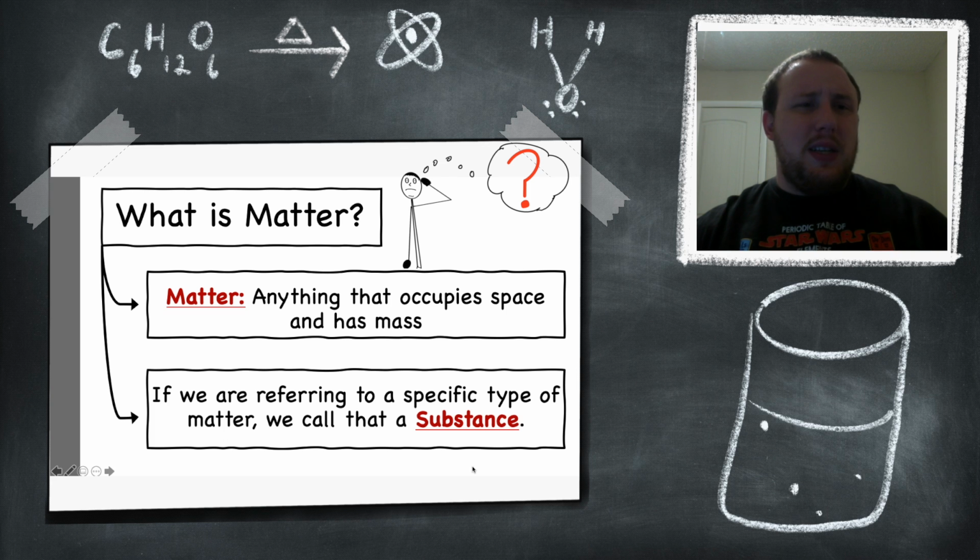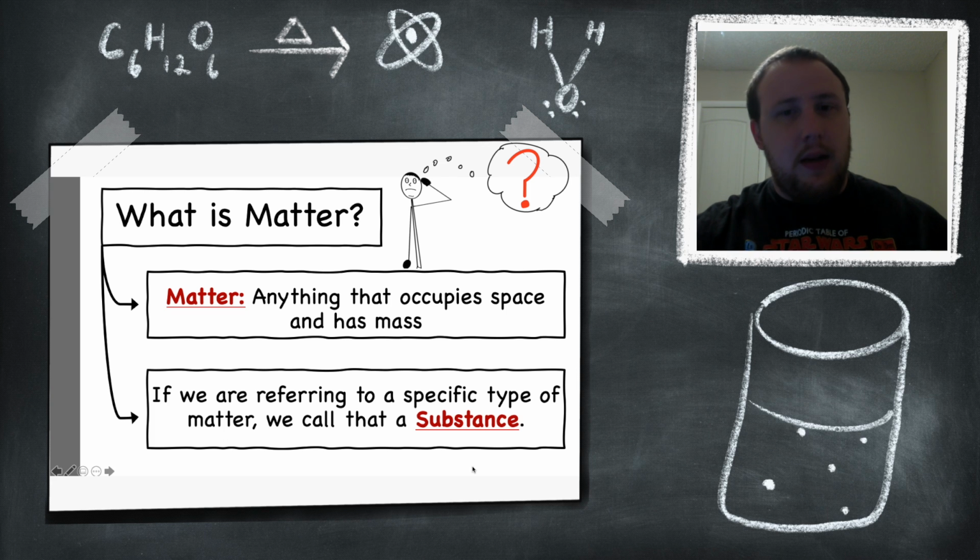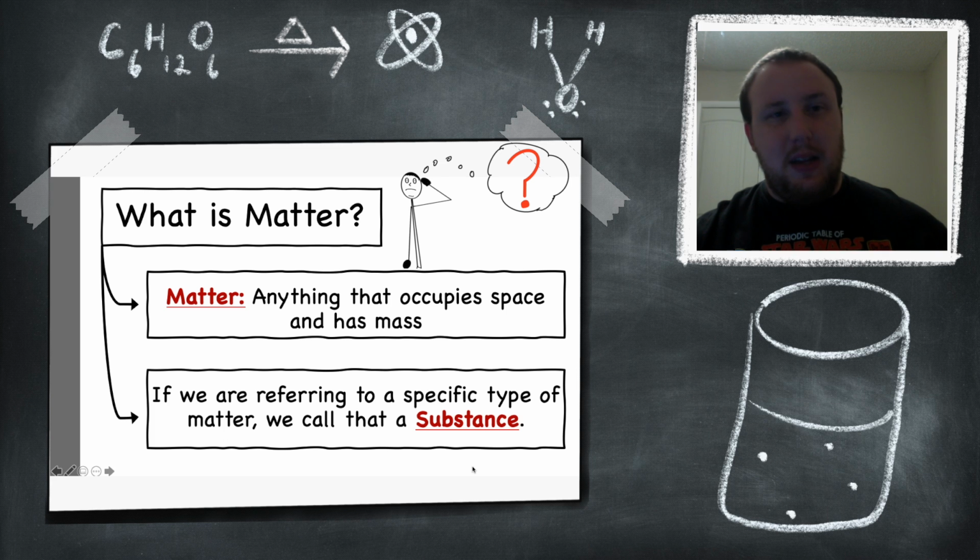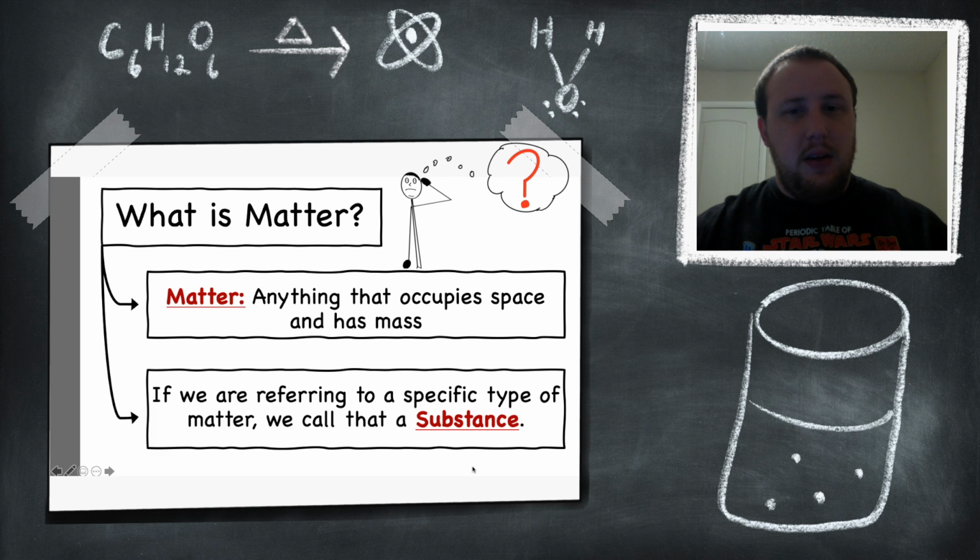So if we don't want to say, hey, the black shirt that Luke is wearing, every time we want to talk about that, we can just say, hey, that's substance A, or we want to say unknown substance B. When we want to be vague in chemistry and we don't want to name a specific thing, but we just want to say this piece of matter is undergoing something, we just say substance. So matter is anything that has mass or takes up space, so basically anything, and matter can be considered a substance.